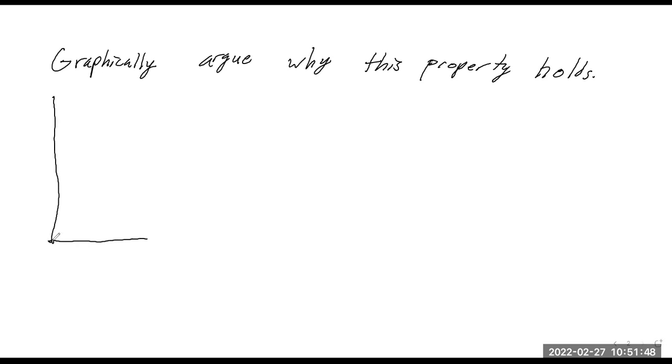Let's graphically argue why this property holds. Well, suppose we have some Riemann integrable function from a to c. So what we can have is that, of course, it's a continuous function.